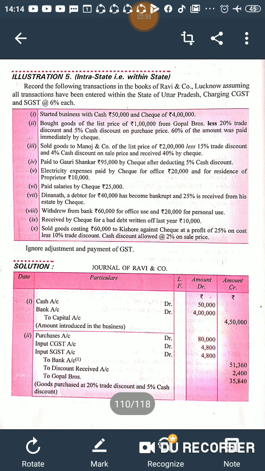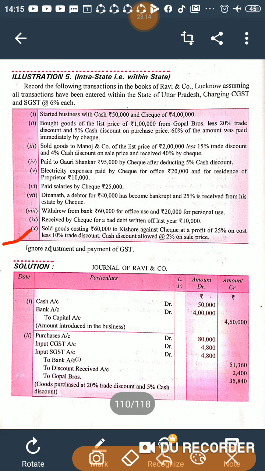And the last transaction is sold goods costing rupees 60,000 to Kishore against check at a profit of 25% on cost, less 10% trade discount, and cash discount allowed 2% on sale price.